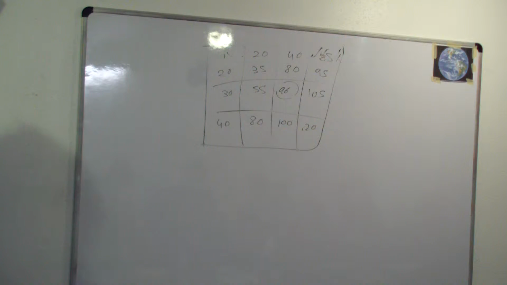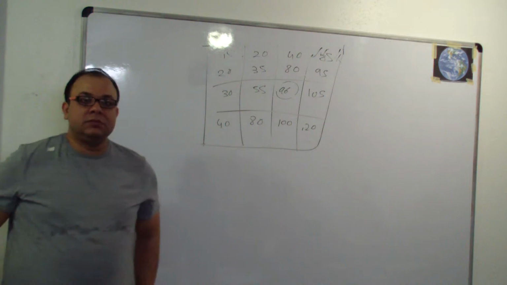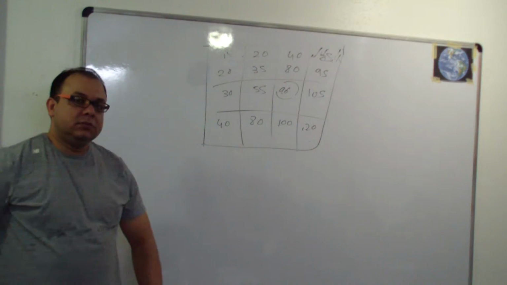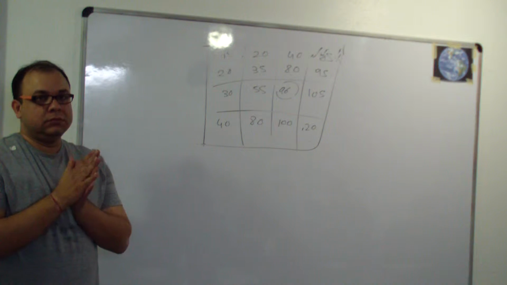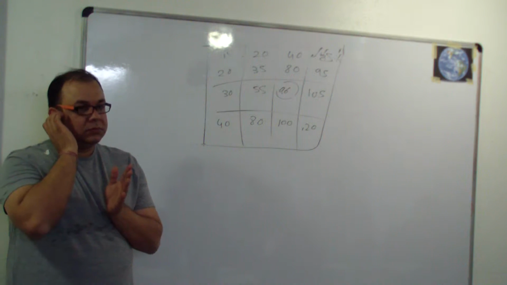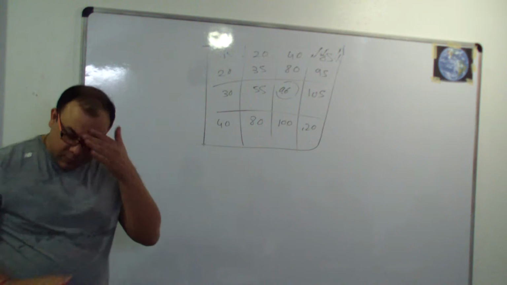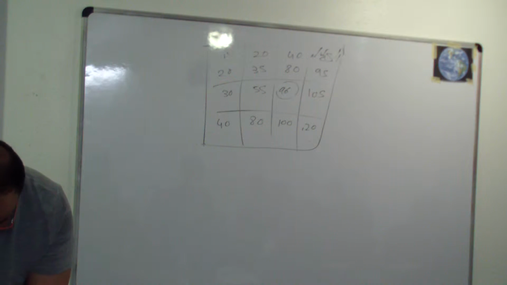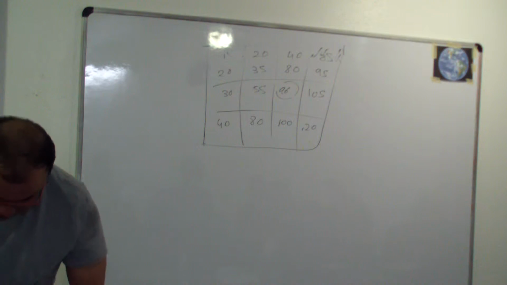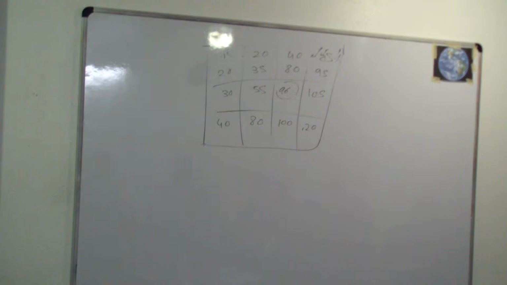Because the matrix is sorted from left to right and from top to bottom, if it is not on the right hand side, it will be on the bottom if it is higher. If it is less, it should be either up or on the left. You have to scan both ways. So if it is 96, then you compare 85 and 96. 96 is higher, so you go down.